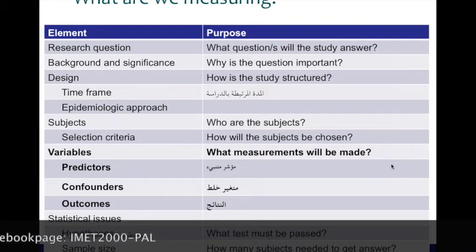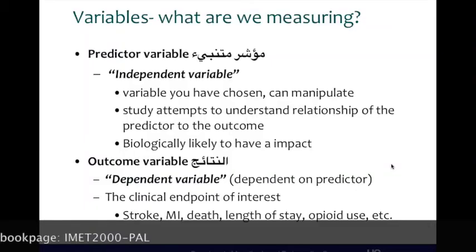If we want to consider who we're studying and how we're going to choose these people, this is very important for whether we're going to have a successful research study or not. You have to think about who we're going to include, what the inclusion criteria are, and these need to be broad enough so that the findings are going to be of interest to others, but we're going to have to make them narrow enough so that we decrease the variability in our subjects.